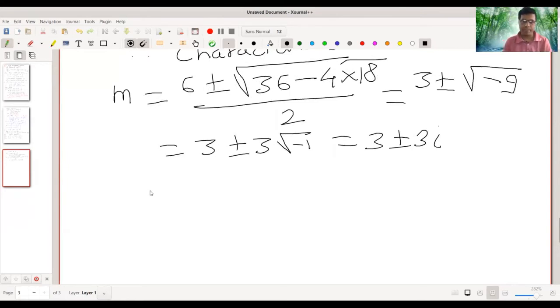Okay. So let M1 be 3 plus 3i. Okay. So we find capital A and B corresponding to this M1.